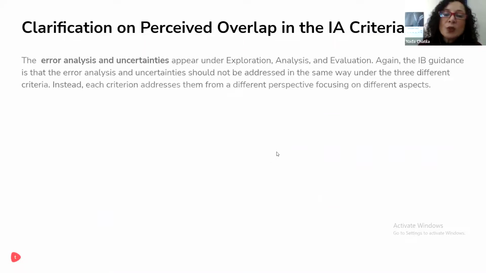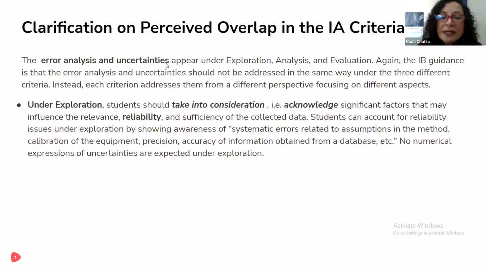Here, I would like to pause again about a perceived overlap, which is the error analysis and uncertainties under exploration, analysis, and evaluation. Error analysis and uncertainties occur in these three criteria, but again, we need to consider them from different perspectives.